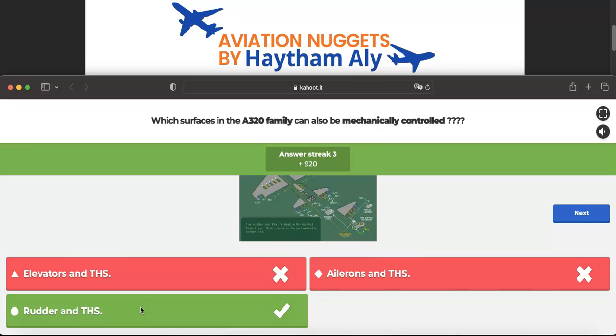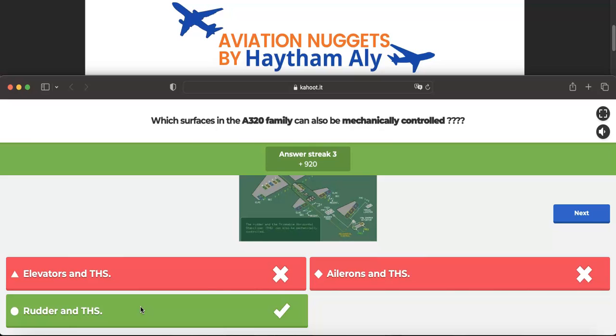In case of all flight control computer failure, or in case of total electrical power failure, the pilots can still control the rudder and THS mechanically from the cockpit. The rudder can be mechanically controlled from the rudder pedals, and the THS can be mechanically controlled from the trim wheels on the center pedestal.